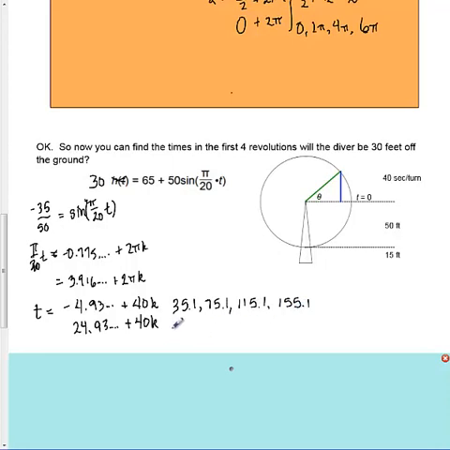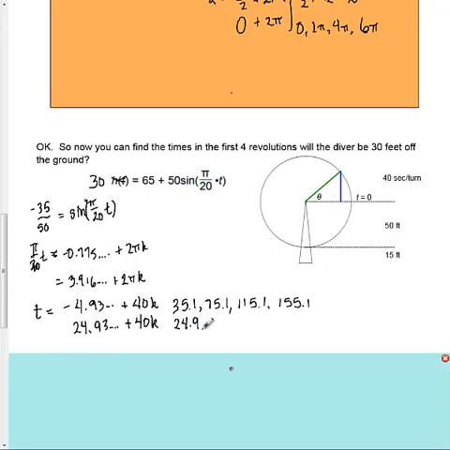And then for the second set, we're going to take our 24.93, which is going to be 25, and add multiples of 40, so 24.9 would work.